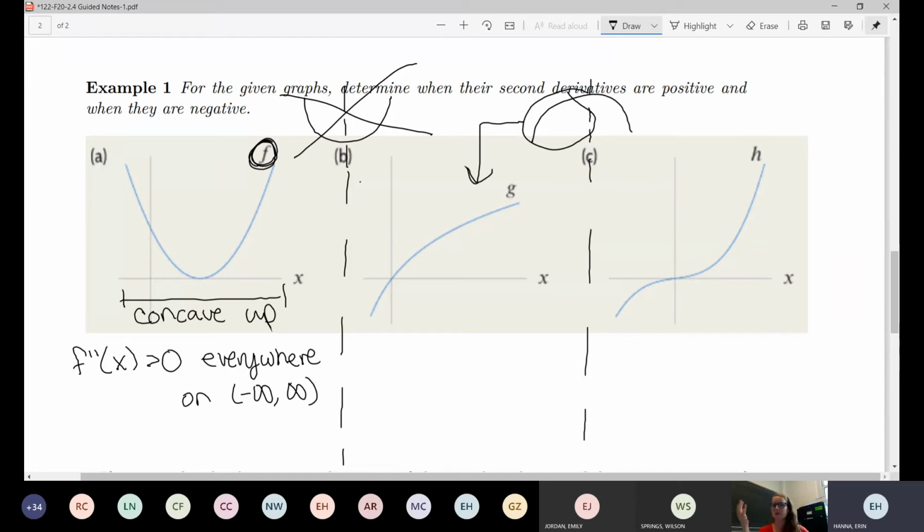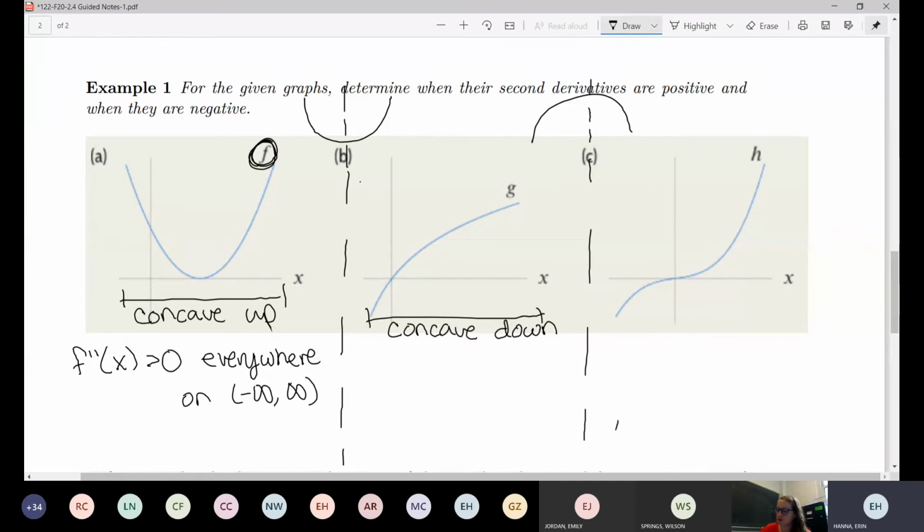Since that's a concave down option, this would be concave down everywhere, and it doesn't change at all. It doesn't curve in any other direction. It just keeps curving in that same direction. So since the name of this function is g, we would say g double prime of x is less than 0 everywhere. Or you could say on negative infinity to infinity, whatever floats your boat.